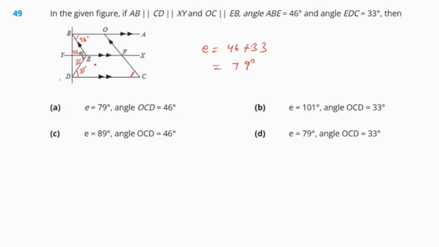This is 33, and these two lines are parallel to each other. If this is 46 degrees, this also needs to be 46 degrees, alternate angles. So option A would be the correct answer.